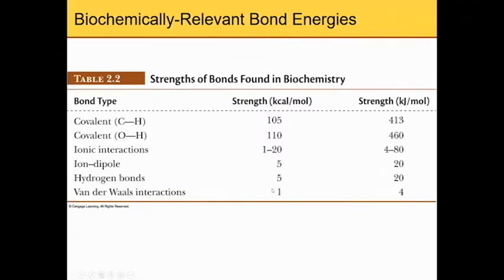And then the lowest bond energy is the van der Waals interaction. So a covalent bond has the highest strength, followed by the ionic bond, then the ion-dipole, hydrogen bond, and then van der Waals interaction. That's the strength of bonds.